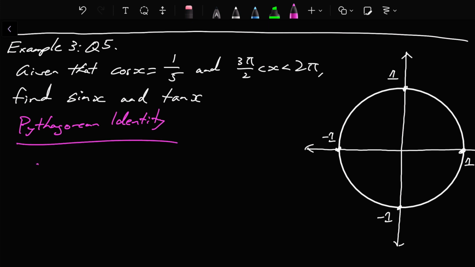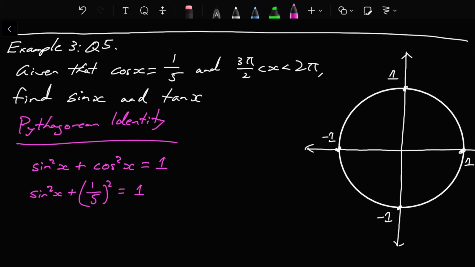So we know that sine squared x plus cos squared x is equal to 1, which means that sine squared x plus 1 over 5 squared is going to be equal to 1.